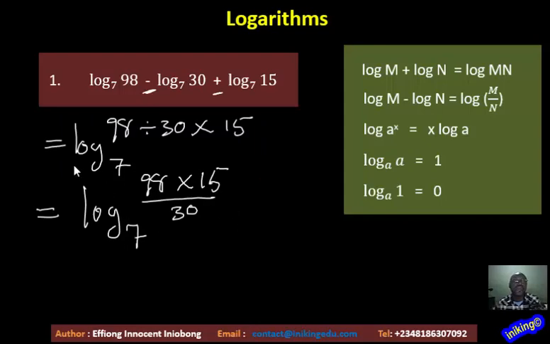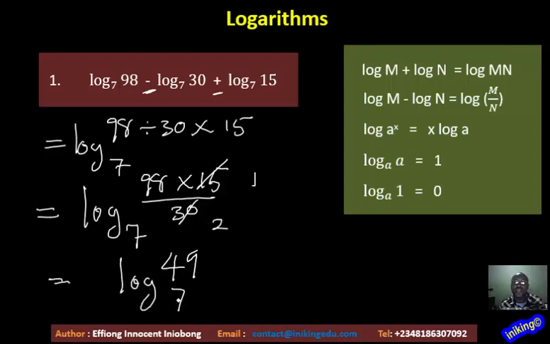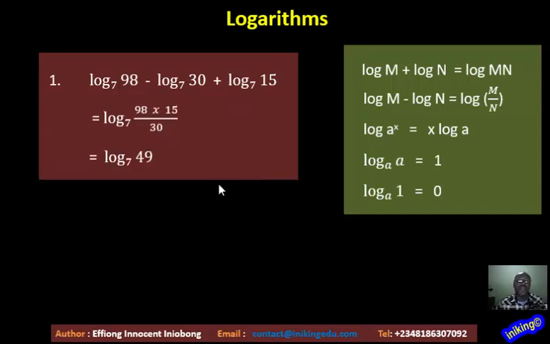Now we can play this out. 15 there is 1, 15 there is 2. 98 divided by 2 will give us 49. So we have here the logarithm of 49 to base 7, which is what we have here. So we have been able to simplify so far, but we can still go further.